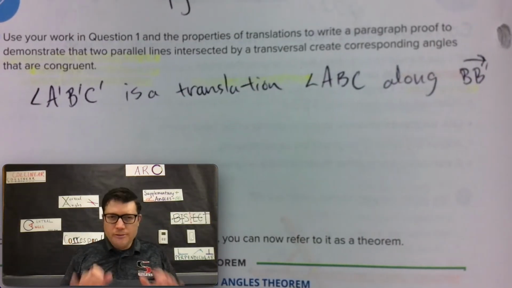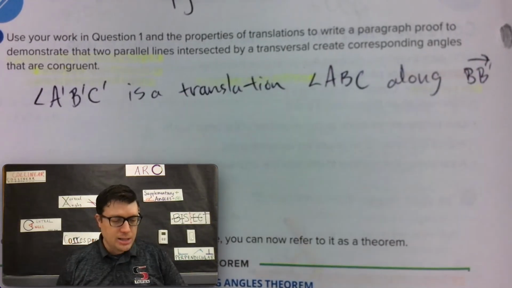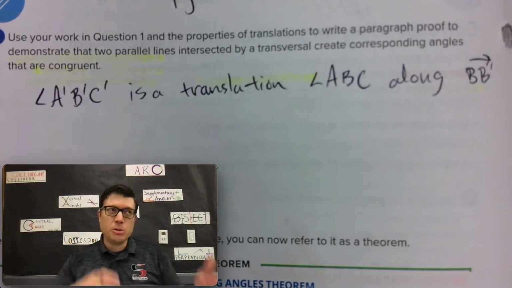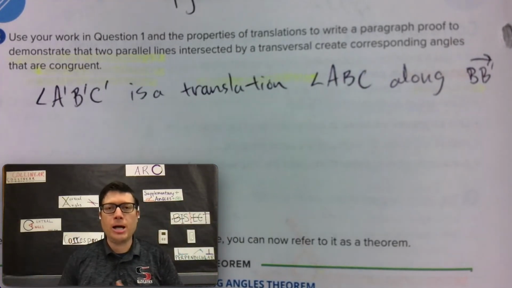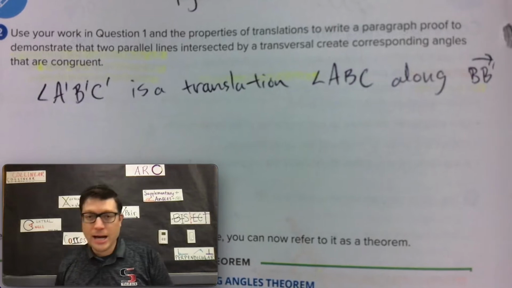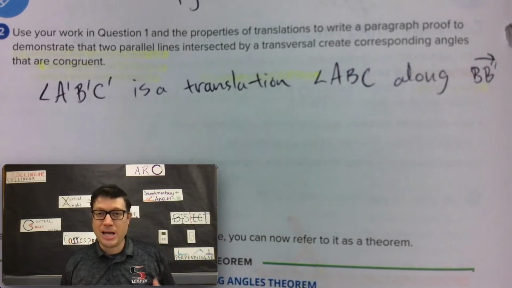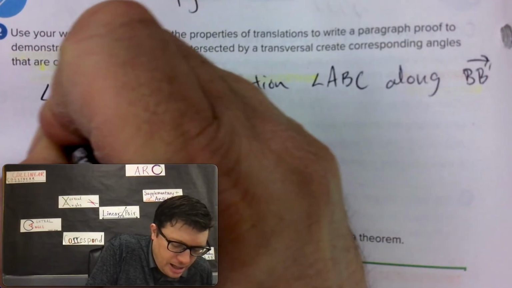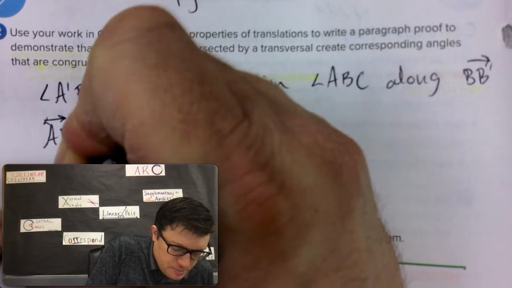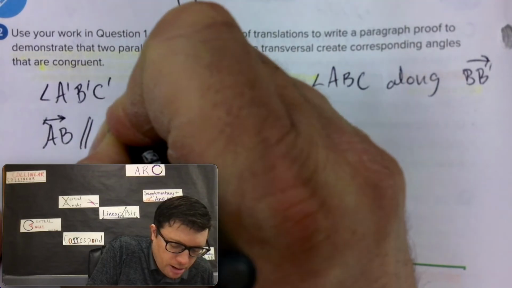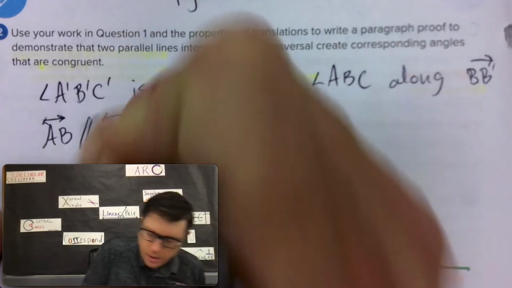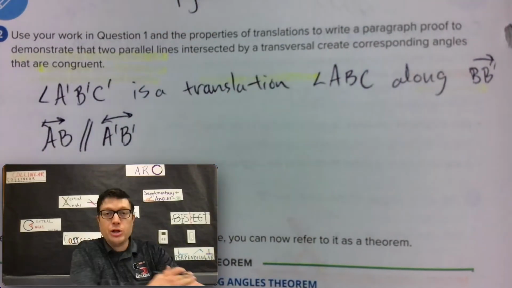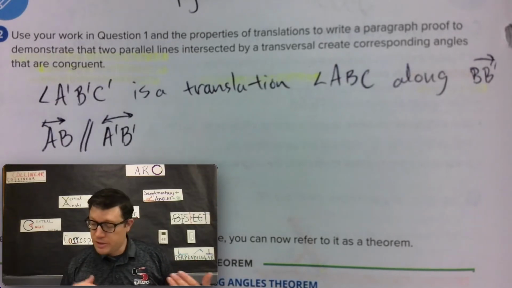We did all of that to create one angle in a different location, but the rays that made up angle ABC happen to be going in the same direction and creating parallel lines. That means that line AB is parallel to line A prime, B prime, because the way they were created, those translations preserved the direction.